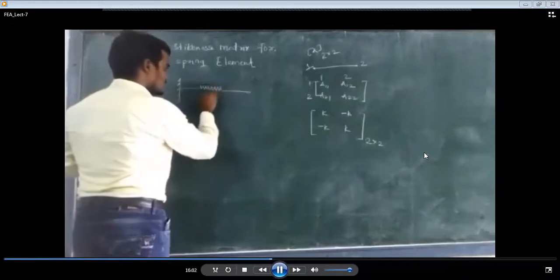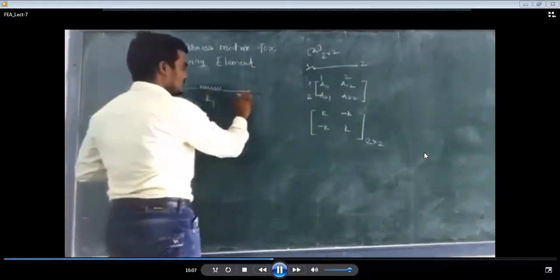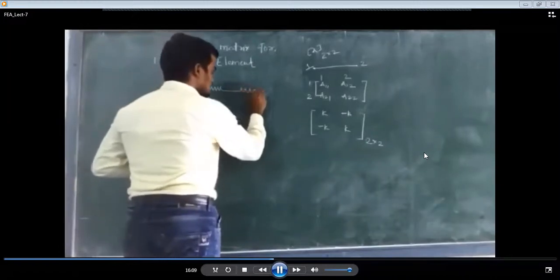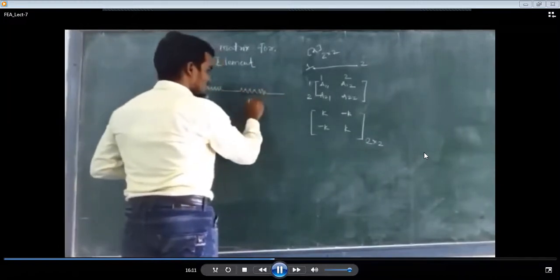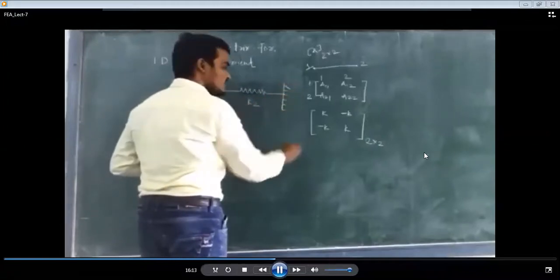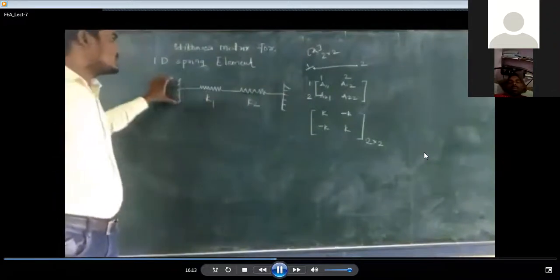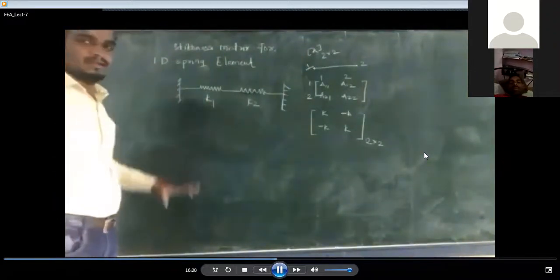So suppose there are two elements with spring constants k1 and k2. If there are two elements, it means there must be 2 plus 1 nodes.